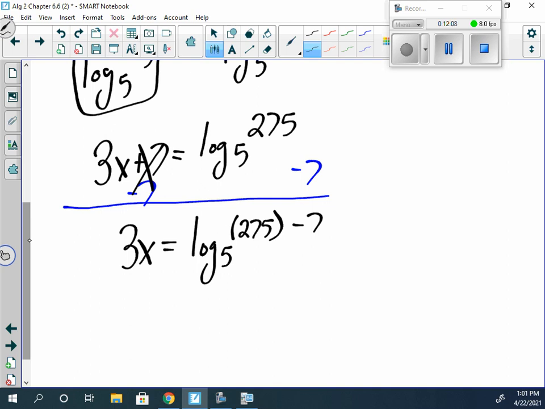Because that 275 is inside of the log. Because we're taking the log base 5 of 275. That number is trapped inside the logarithm. Because anything that we do after it is going to be outside. Because realistically, when we applied log base 5 of 275, we put parentheses around it.